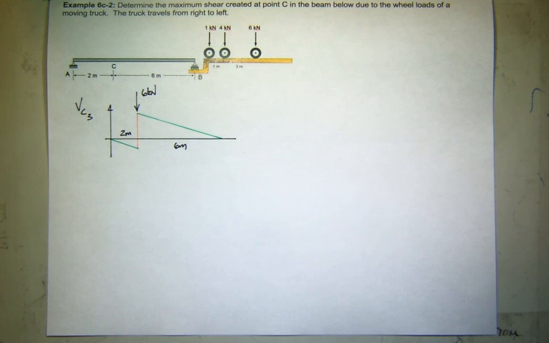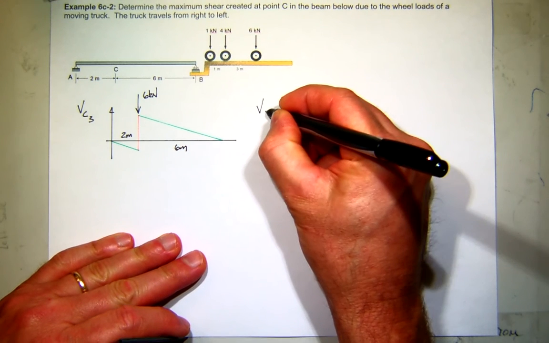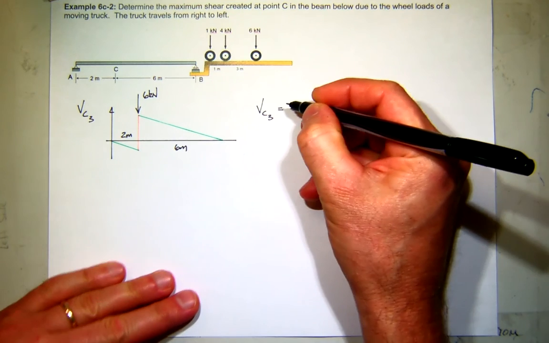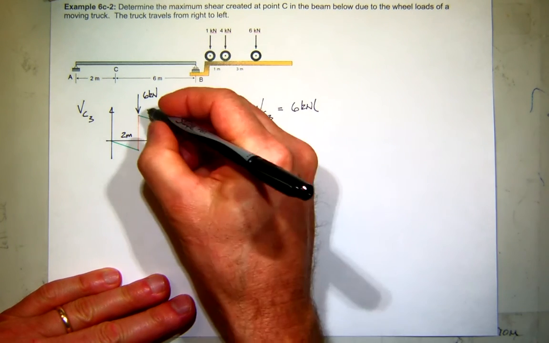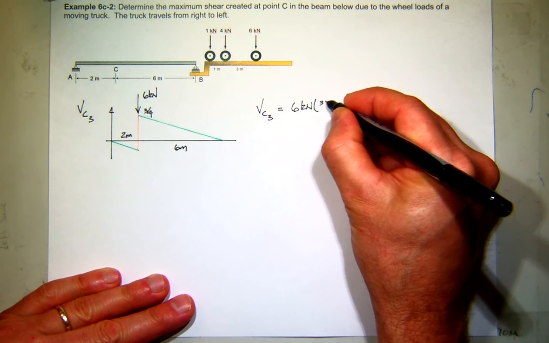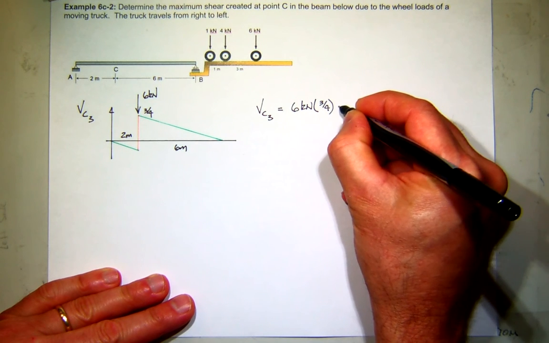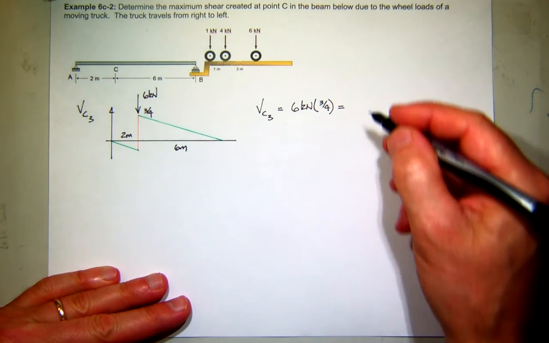So it's just one force. So in that case, for the third case, the shear at C would be the load, which is 6 kilonewtons, times the maximum value there, which is 3/4. So what's that, 4.5?